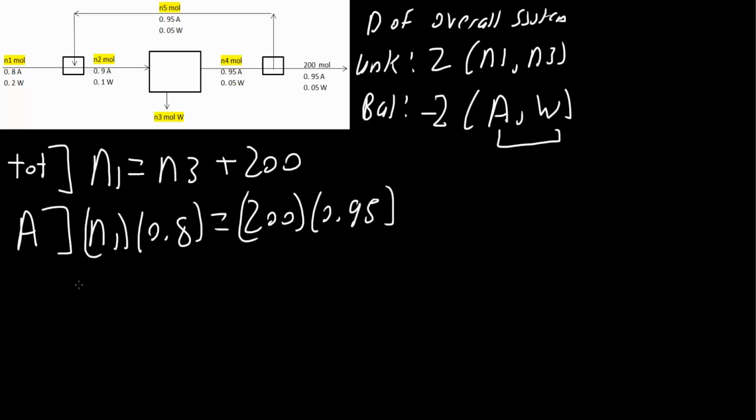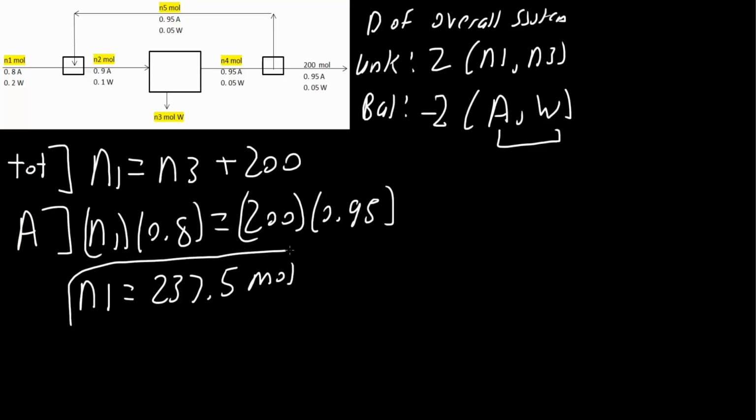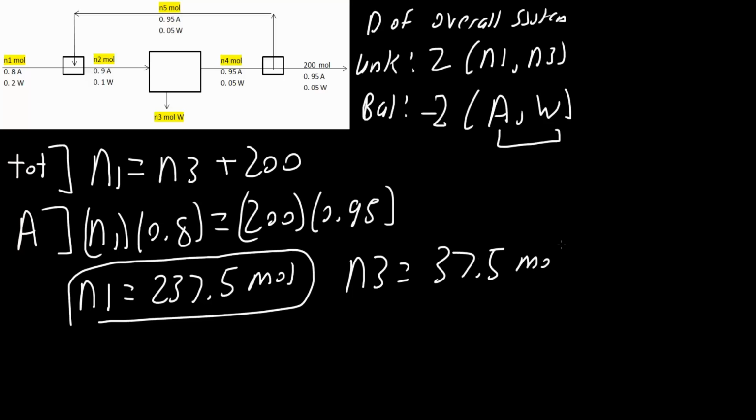And by doing this, we get N1 is equal to 237.5 moles. So that's one answer we can box in. And next, if we plug in 237.5, then our N3 would be 37.5 moles. So now we have two answers. We have 3 more to go.